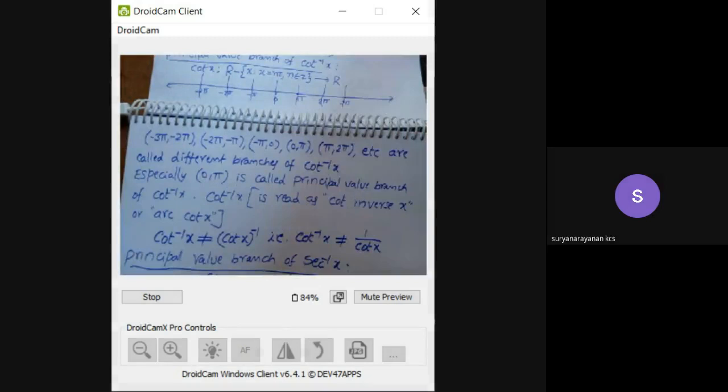But if you take this one as domain, here secant x is not a bijective function. So here also we divide the number line into different intervals.